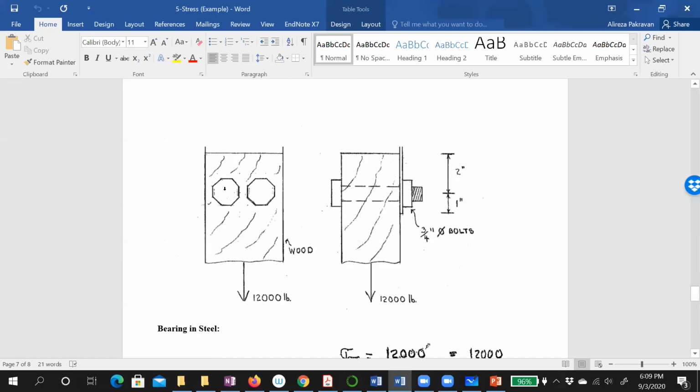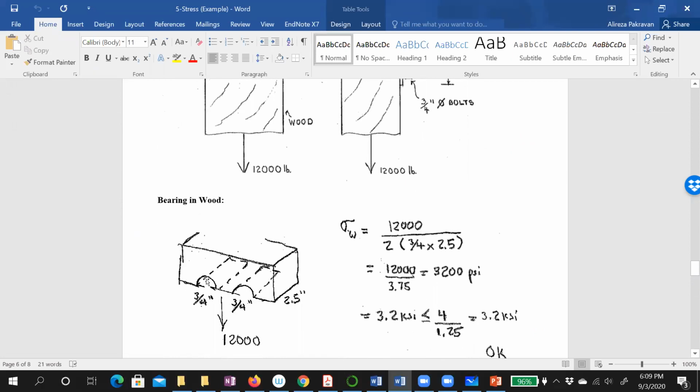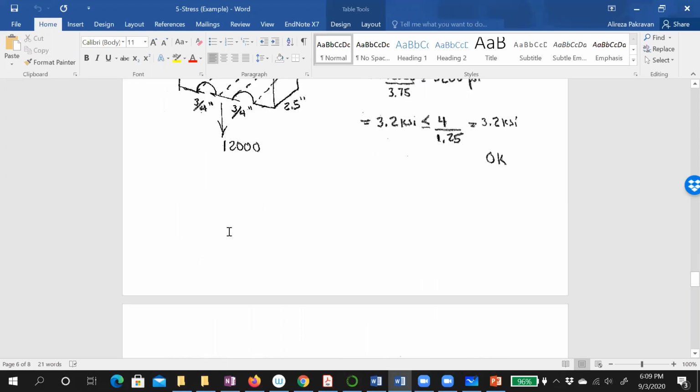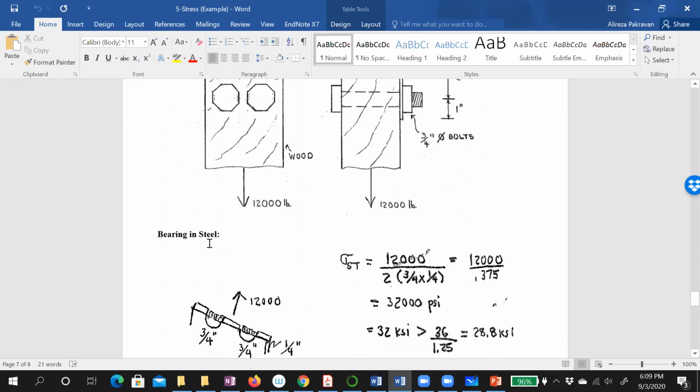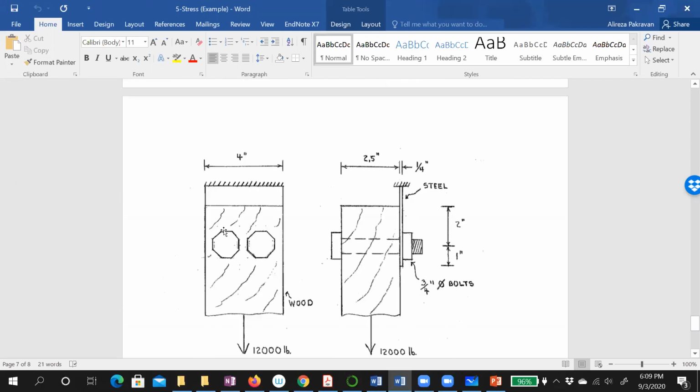For example, here, once I said the bearing in wood, which means bearing in the area between the bolt and wood. Once we said the bearing in steel, it means the area between the bolt and steel, right? It's a common area, right? Okay, so it includes it in there. Yes, yes. Okay, thank you.